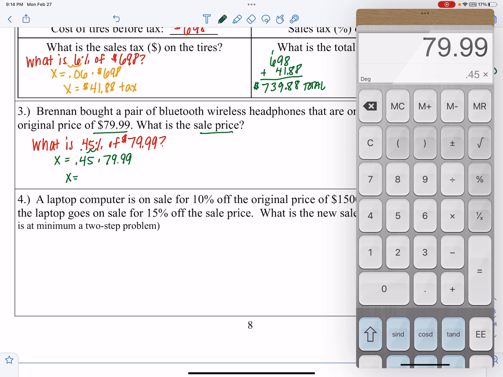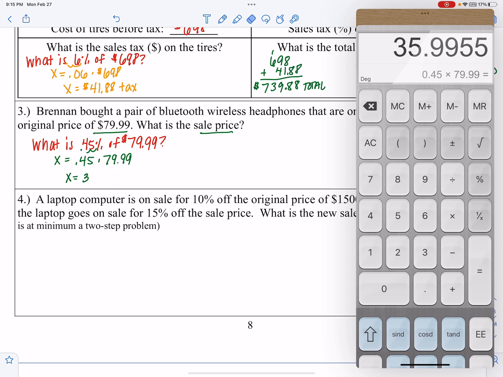So 45% of that is $35. Okay, but think about this rounding here. 35.9955. Well, this is money, so it gets cut there. But because of the 5, that would turn into a 10, regroup. We end up with $36.